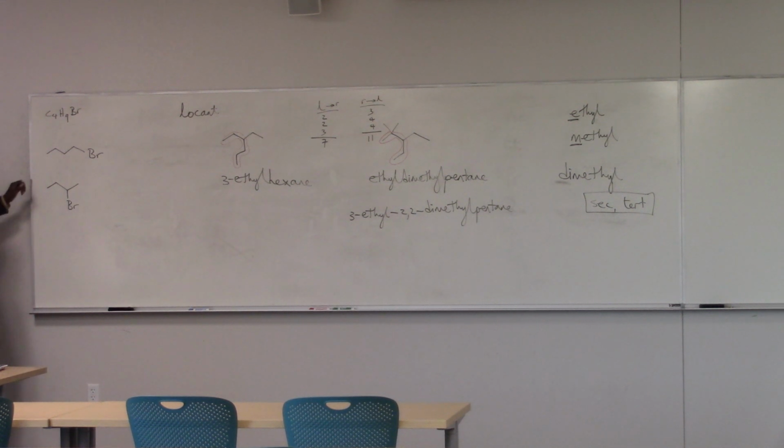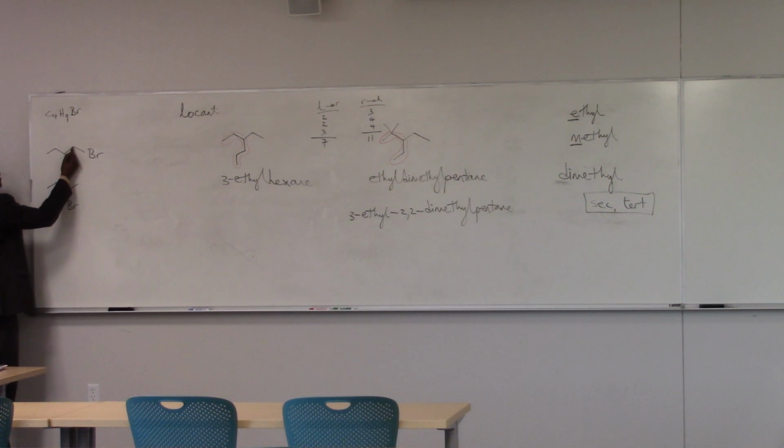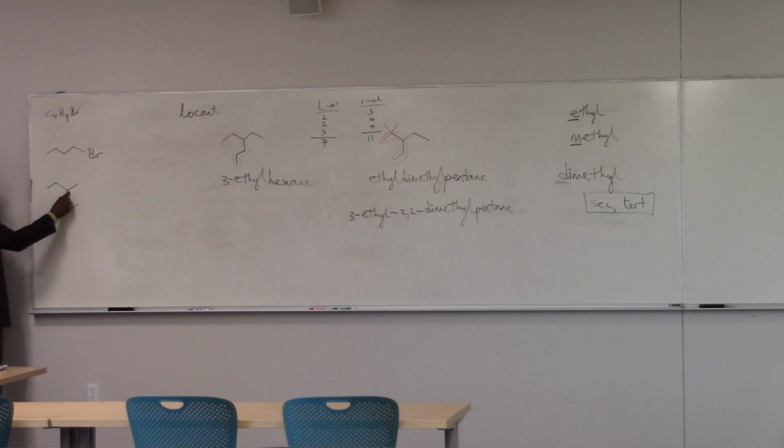I'm going to put all 4 carbons in a line and then move the bromine from carbon 1 to carbon 2. So those are 2 different compounds. Now, if I move it from carbon 2 to carbon 3, that's the same as this one. If I put it on carbon 4, that's the same as that one. So these are the only 2 isomers I can get with all 4 carbons in a straight line.